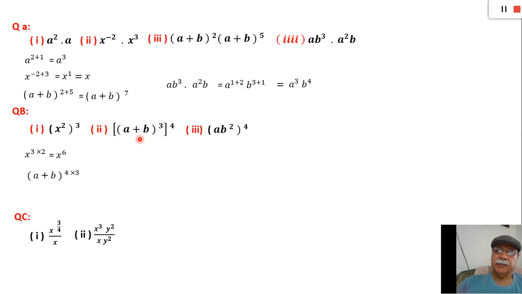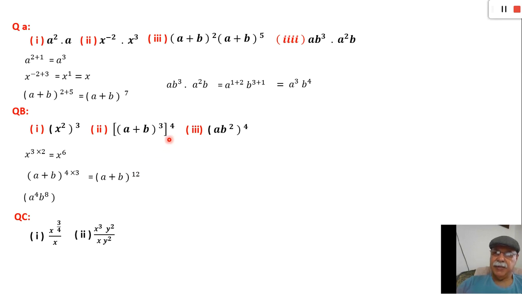Part 2: to open this big bracket we multiply 4 times 3 in the bracket. We open this bracket. Now this bracket we have here times 4, 3. We multiply, this becomes 12. 4 times 3 is 12.